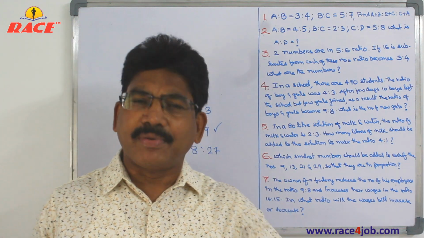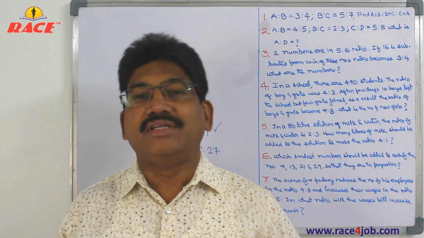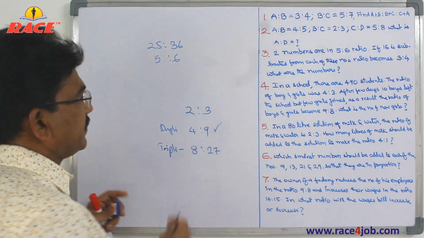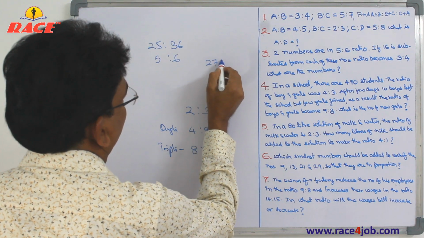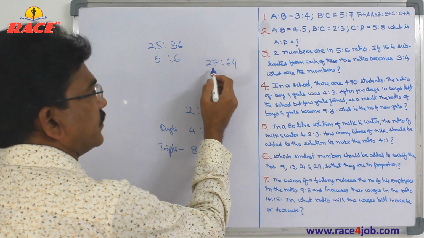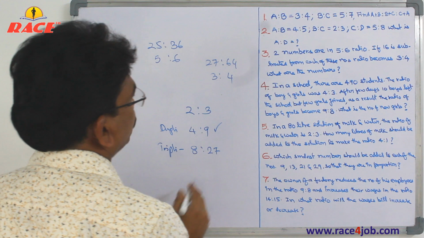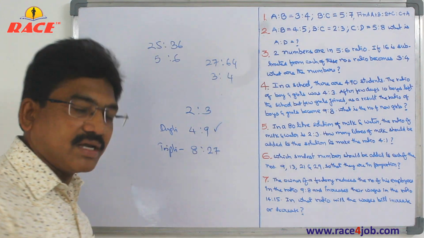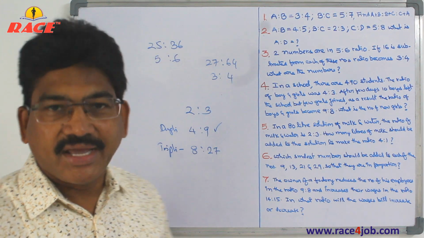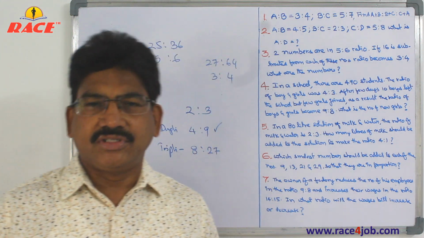Similarly, subtriplicate means cube roots of the terms. Say, for example, 27:64. The cube root of 27 is 3, the cube root of 64 is 4. 3:4 is the subtriplicate ratio. This is for general things which you should know.